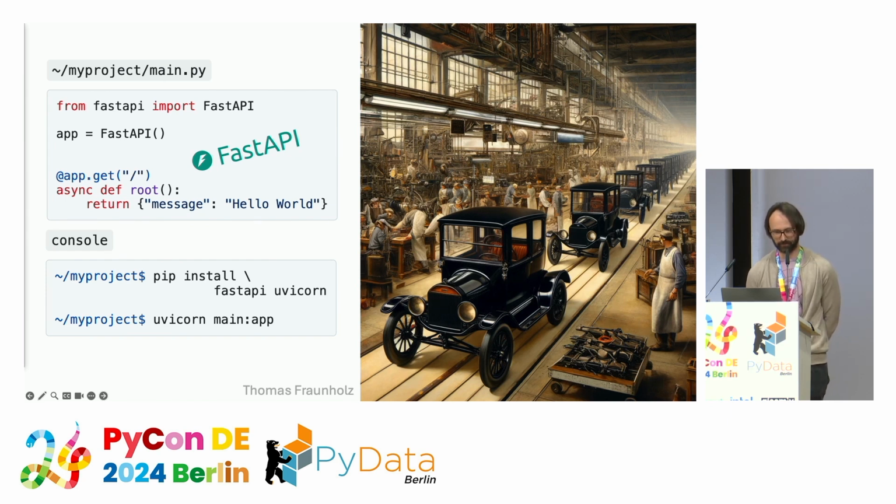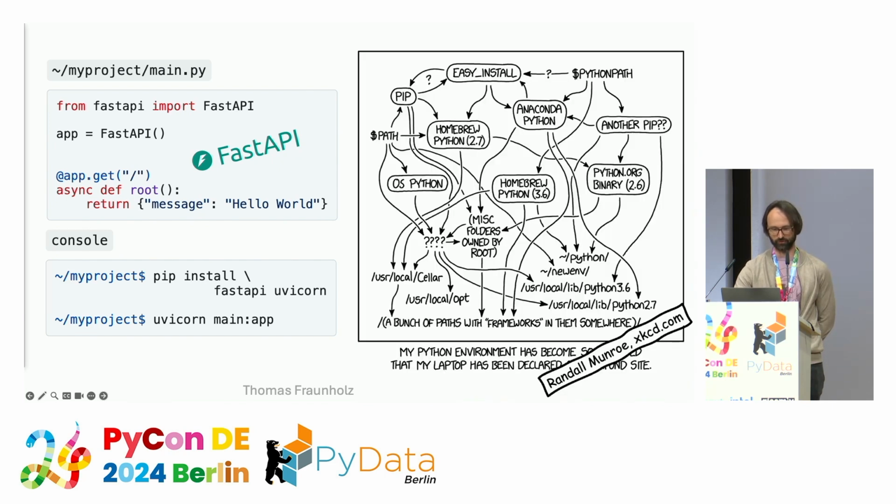And finally, it's the year 2024, and you're a data scientist or a machine learning expert, and you want to get access to hardware acceleration. And you install some, well, TensorFlow, system libraries, and so on. And well, over the months of working, your system descends into chaos, as Randall Munroe drew here on the screen.